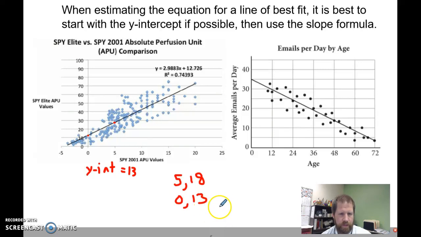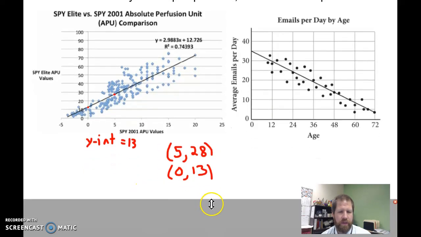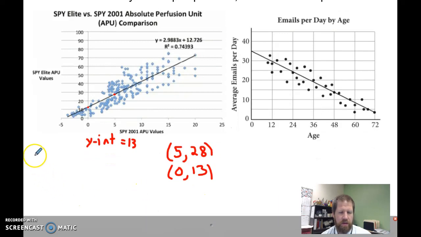So I've got one point at 5, 18, and another point at 0, 13. Oh shoot, I made a mistake. Not 5, 18, 5, 28. That would have been bad. 5, 28 and 0, 13. Those are my 2 points, and I'm going to use my slope formula. I'll make this point 2, and this will be point 1.